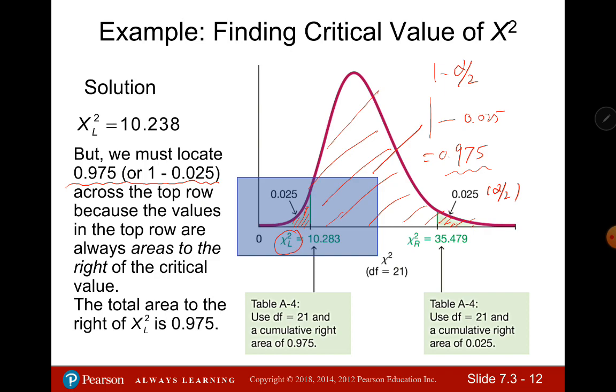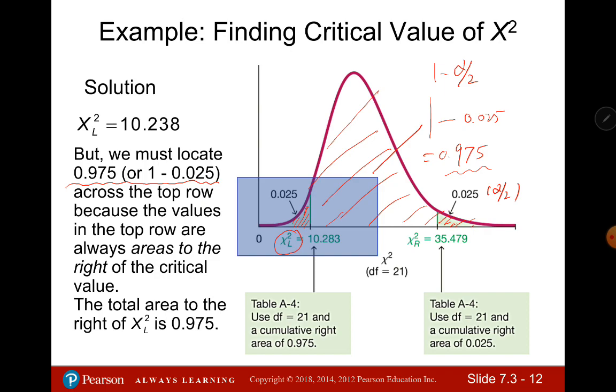So again, we start with the right side, because that one is a little bit easier than the left side, right? We directly use the half alpha value, check the top row, then use the degrees of freedom to locate the right side critical value. Then we move on to the left side, because for the left side we use 1 minus half alpha. Then check the degrees of freedom to locate the left side critical value.